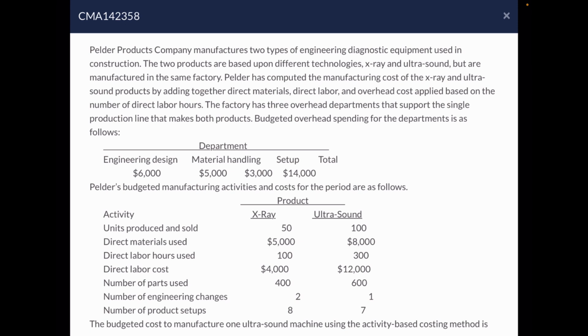Number of engineering changes. Number of product setups. The budgeted cost to manufacture one ultrasound machine using activity-based costing is here. We have to find out the budgeted cost to manufacture one ultrasound machine using the activity-based costing method.